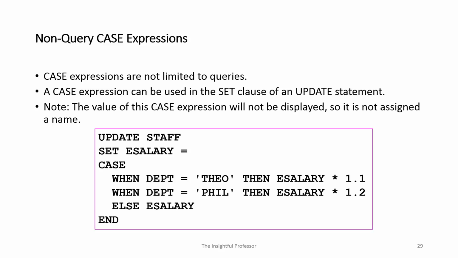If that's not clear, watch the video on missing information where we discuss null values. But that's why we're making sure some value does get deposited in salary. Even if the row doesn't satisfy the explicit test that we've included, we will put something in there as a result of the update.